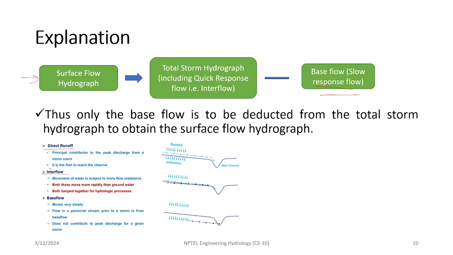Keep in mind that interflow is always considered a quick response flow, because it gets infiltrated and directly comes into the channel. But in case of base flow, it takes a lot of time to travel to its final destination.